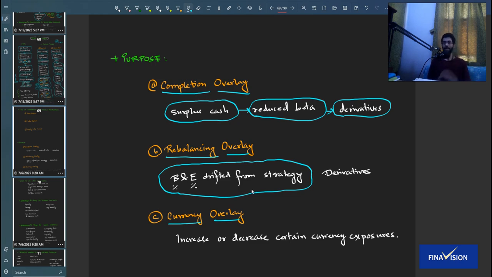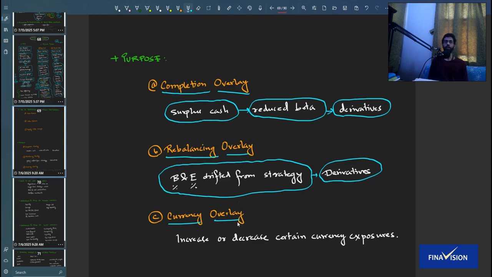Let's say buying bond and selling equity, or selling bond and buying equity, either of these activities may not be suitable taking into account the current market scenarios. Then derivatives can be used. Not only because of the market scenarios, but because of liquidity advantages, because of flexibility of derivatives, because of multiple factors, derivatives can be used instead of directly buying the underlying in the market.